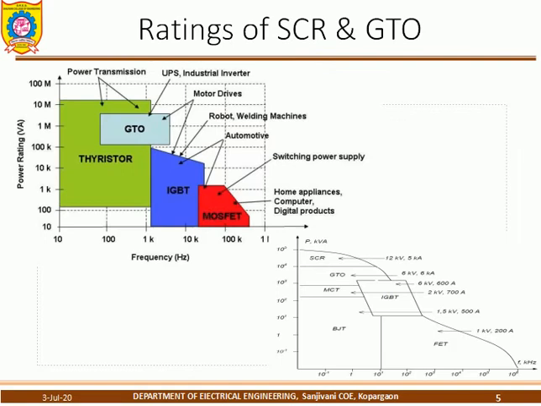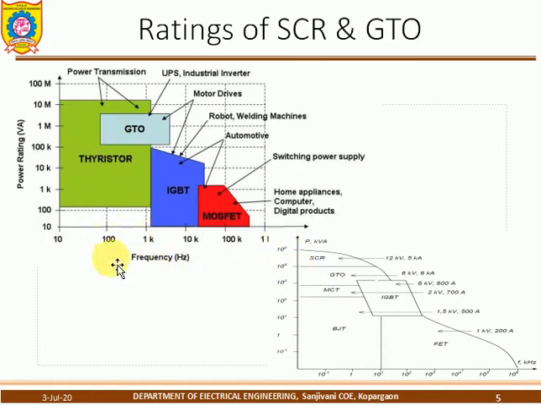The next one is the rating of the SCR and the GTO. In the last video too, I mentioned the rating-wise difference between different power semiconductor devices. Here I show once again the ratings of the SCR and GTO. On the left-hand side is the Thyristor or SCR. The y axis is the power rating, in watts or VA, and the x axis is the frequency.